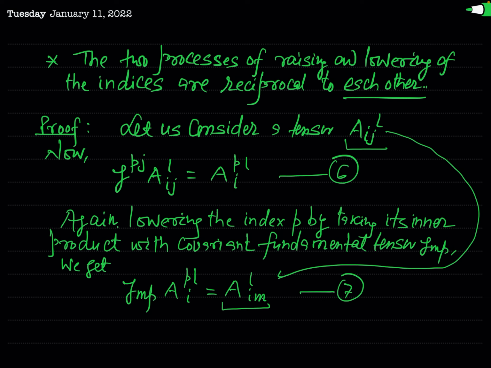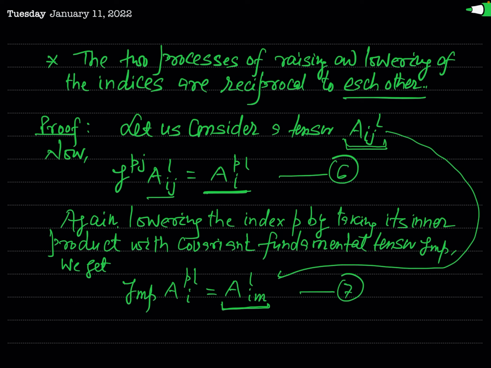So in this way, what you see here is that when we perform the operation of raising of index on a given tensor, the resulting tensor we obtain is A super PL sub I, and when the operation of lowering of index is performed on this resulting tensor, we again get the same tensor from which we started.